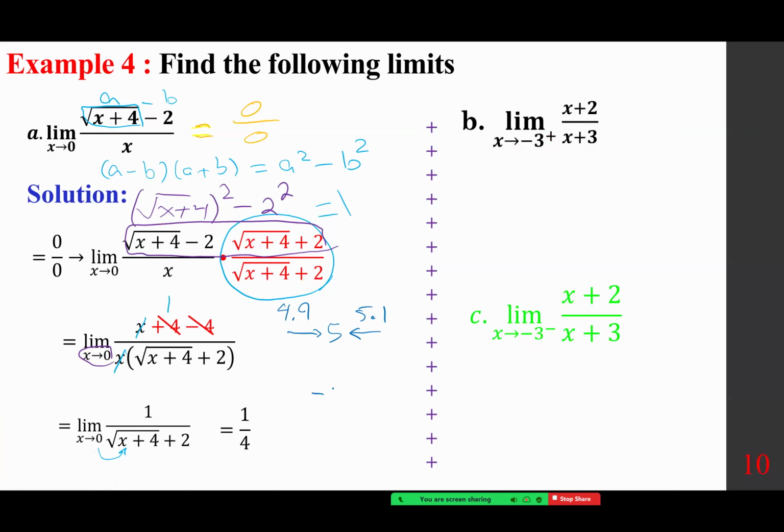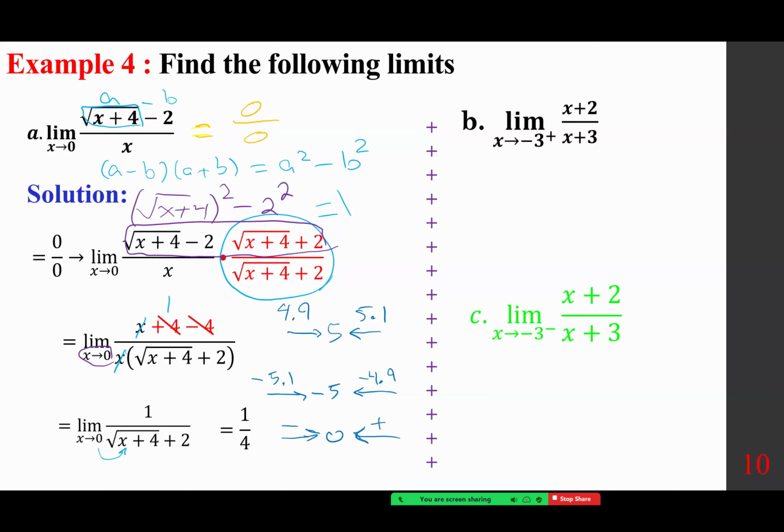If I have minus 5, both sides are negative: the left side is like minus 5.1 and the right side is minus 4.9, which is larger than that. The only number where the left side is negative and the right side is positive, with different signs, is 0.